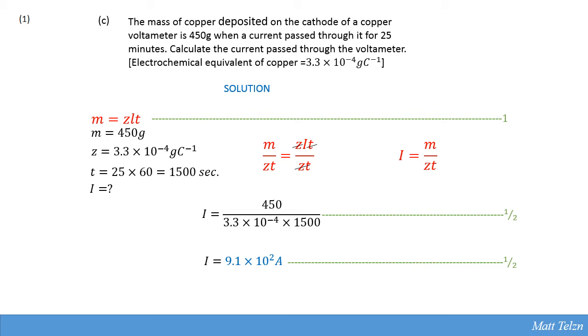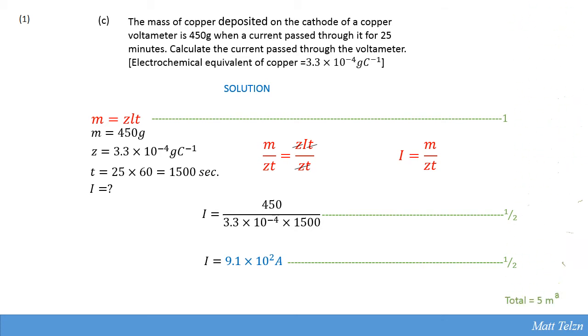So you see, the steps in calculation are your formula, correct substitution, and your final answer. Now some people normally miss the mark allocated to the final answer, because they don't put the unit. Unit is important. If you write 9.1 times 10 raised to power 2 and leave it here, your final answer is wrong. So unit is very, very important.